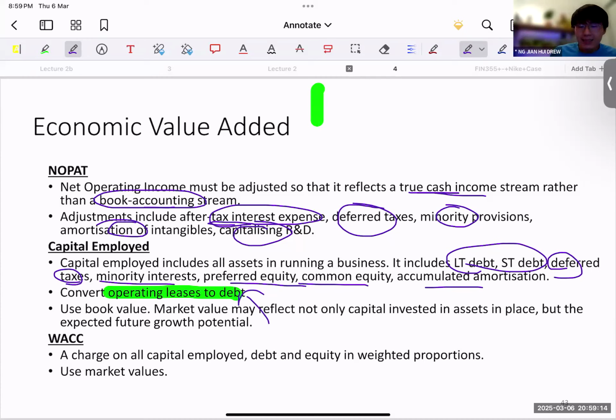So leases can be quite advanced in the sense that you need to be, yeah, IFRS 16. It can be quite intricate because you need to look at two components. Are you the lessor, meaning the one that is leasing out your equipment, or you're the lessee, which is the one that is receiving the lease, right? And whether you're lessee or lessor, the accounting is different.